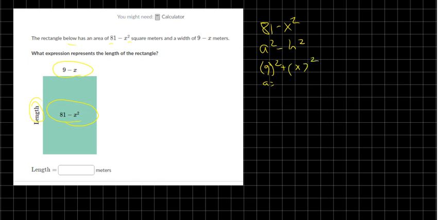So a is going to be 9 and b is going to be x. Okay, and I know a squared minus b squared is a plus b times a minus b, so I know that 81 minus x squared is equal to 9 plus x times 9 minus x. Well, I've already got the 9 minus x over here, so I don't need that. I need this 9 plus x. There we go.